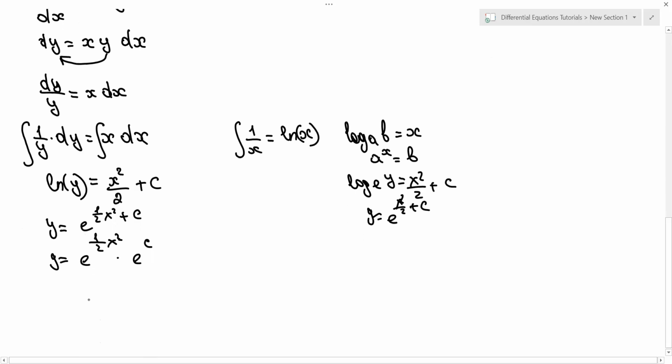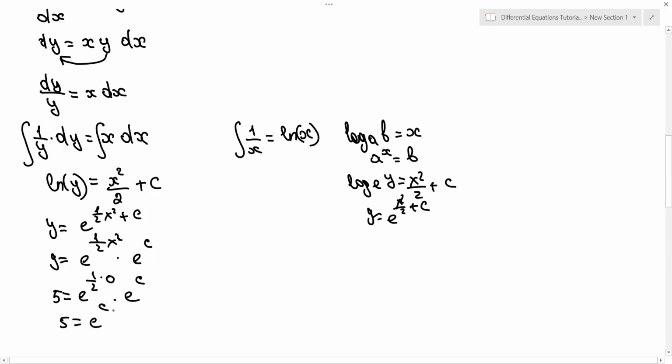So we have 5 is equal to e to the power of 1 over 2 times 0 times e to the power of c. This is 1. So we have 5 is equal to e to the power of c.